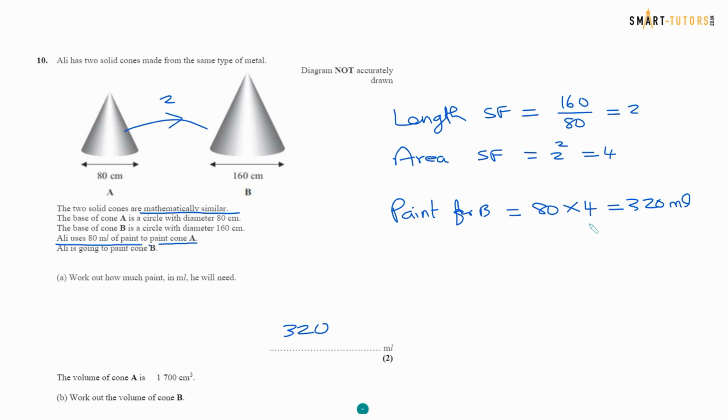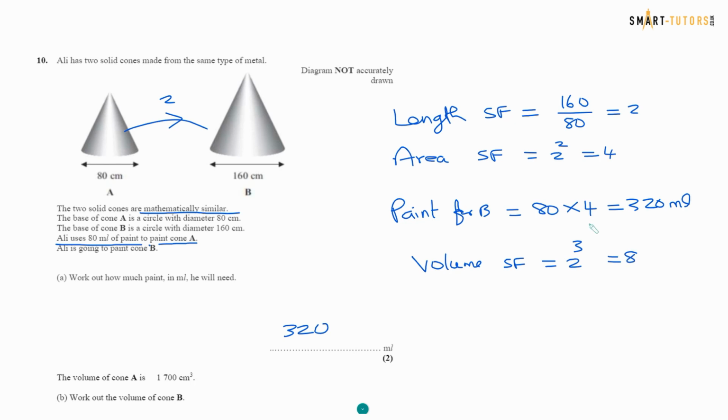The volume of the cone A is 1700 centimeter cube. Work out the volume of the cone B. So this is another one. So volume scale factor, so volume SF is 2 cube. So 2 cube is 8.